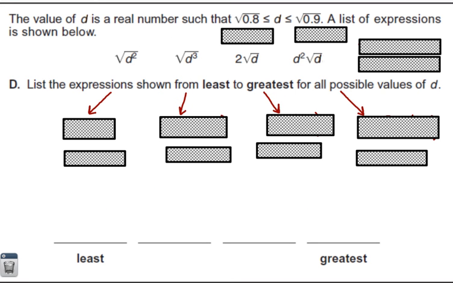So part D tries to get a little more complex or advanced, I guess, or scary looking, but nope, not that scary. When you read the directions, you see that this value of D needs to be satisfying this compound inequality.